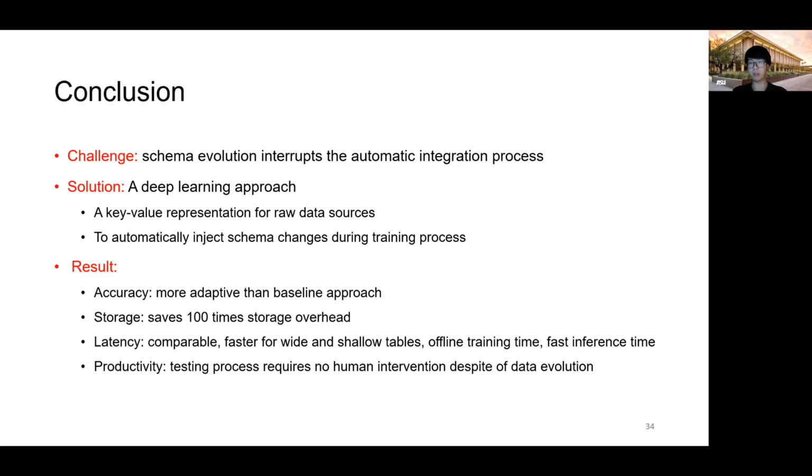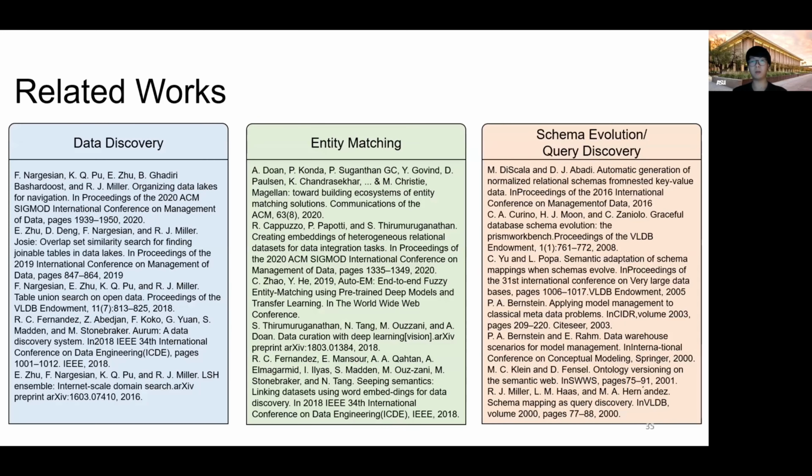Through our evaluation on two COVID-19 data integration scenarios, we showed that compared to our LSH-based baseline approach, our deep learning approach can provide better results in accuracy, storage overhead, latency, and productivity.